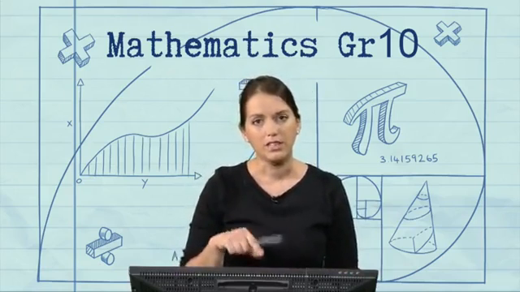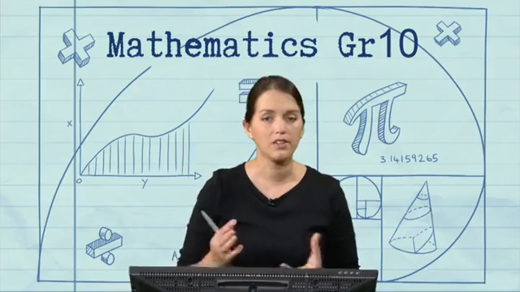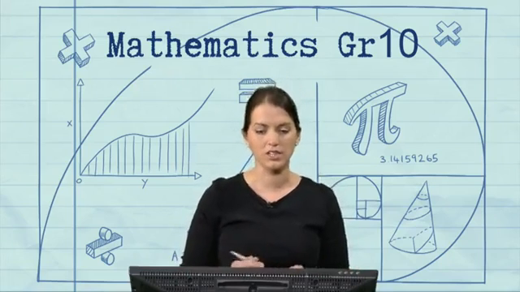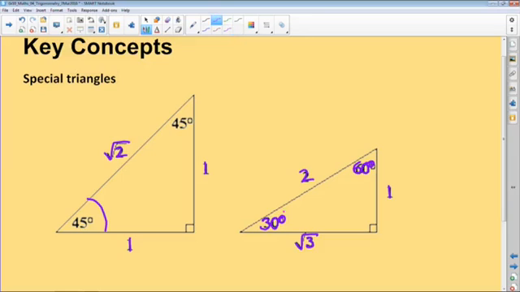You need to know these triangles off by heart so that if someone asks you what sine of 30 is, and let's look at what sine of 30 is. So I'm going to draw my little Helen around 30, and sine in SOHCAHTOA is opposite over hypotenuse.